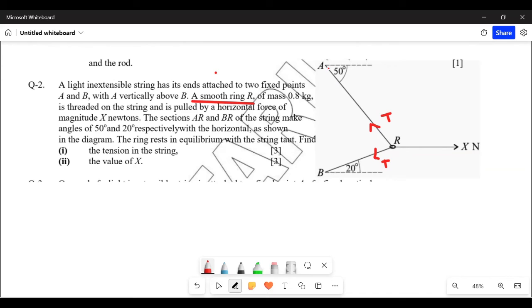Okay. So the ring is smooth and has a mass of 0.8 kg. So this is going to be pointing downwards as mg. So there's 8 newtons of force acting downwards, which is the weight.